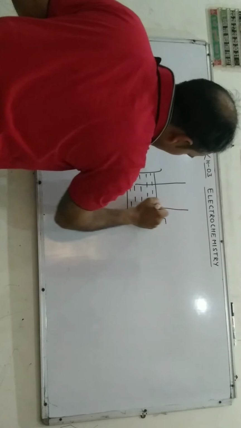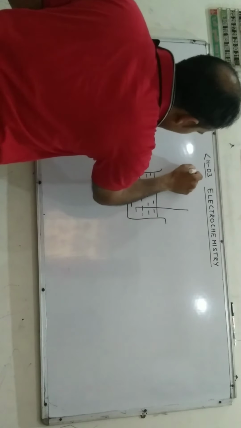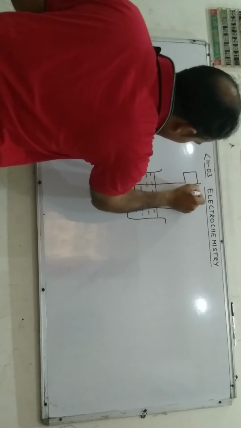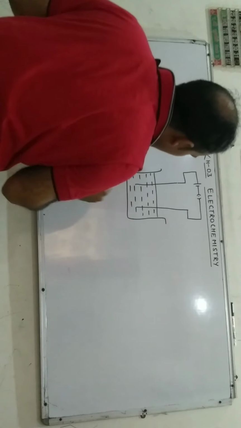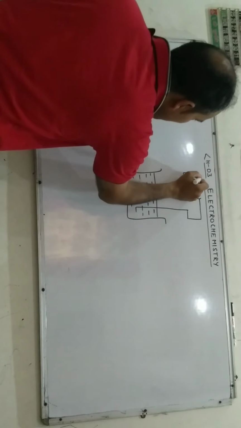These are the electrodes, which are further connected with a cell or battery, and the plug key.